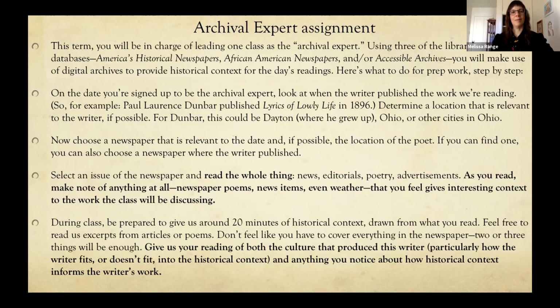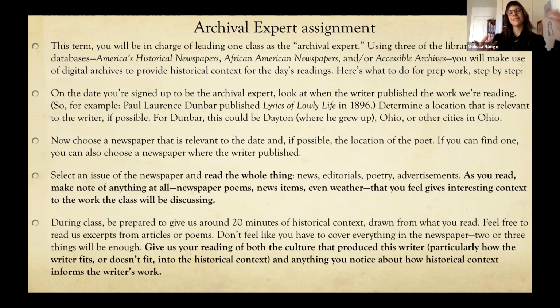So then from there, the student chooses a newspaper, and I ask them to read the whole thing and just to pull out anything that's interesting. Newspaper articles, newspaper poems, weather, and I will tell you, they love the advertisements, and I do too, because I think looking at the ads really tells us what's important to people who are reading this.